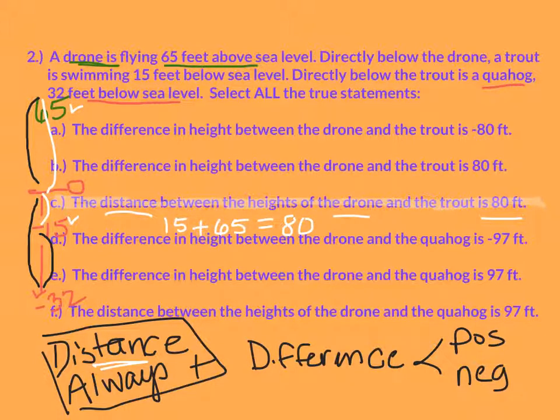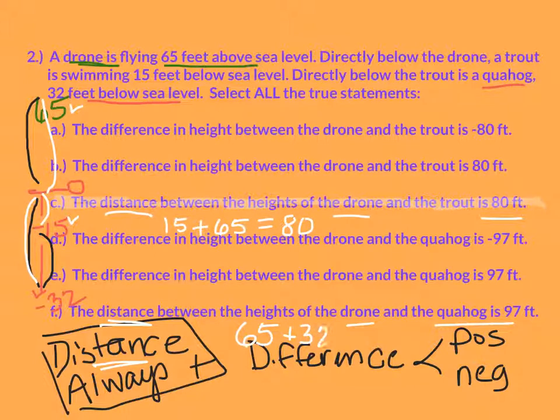Okay, and then let's look down here at the other one that looks at distance. The distance between the height of the drone and the quahog. Well, we already know the distance of the drone from 0 to 65 is, of course, 65. And then from 0 to the quahog is 32.